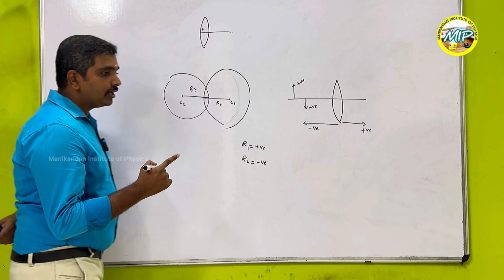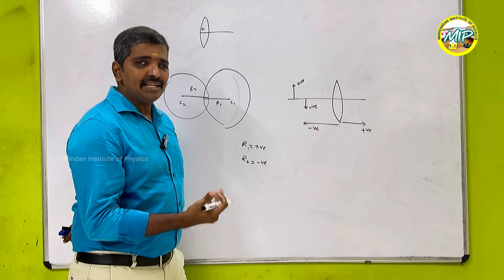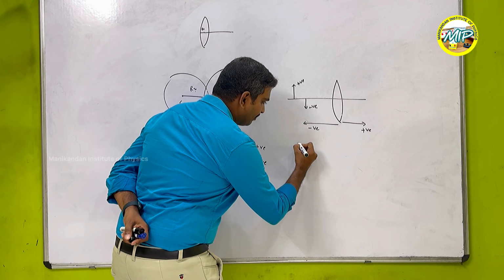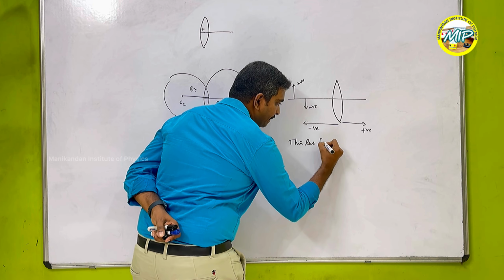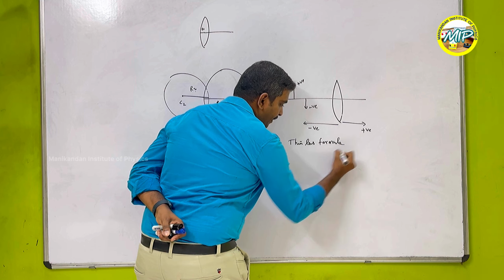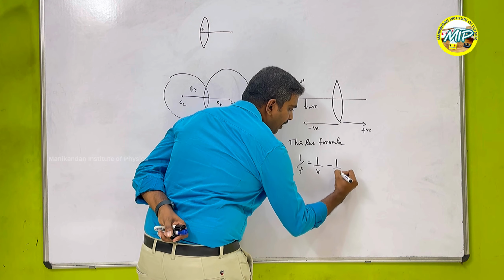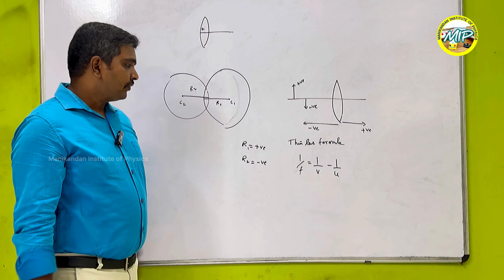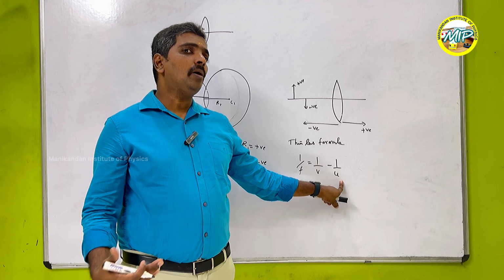I need not derive the thin lens formula because I already know it. My thin lens formula is 1 over f equals 1 over v minus 1 over u. Here f is the focal length, v is the image distance, and u is the object distance.